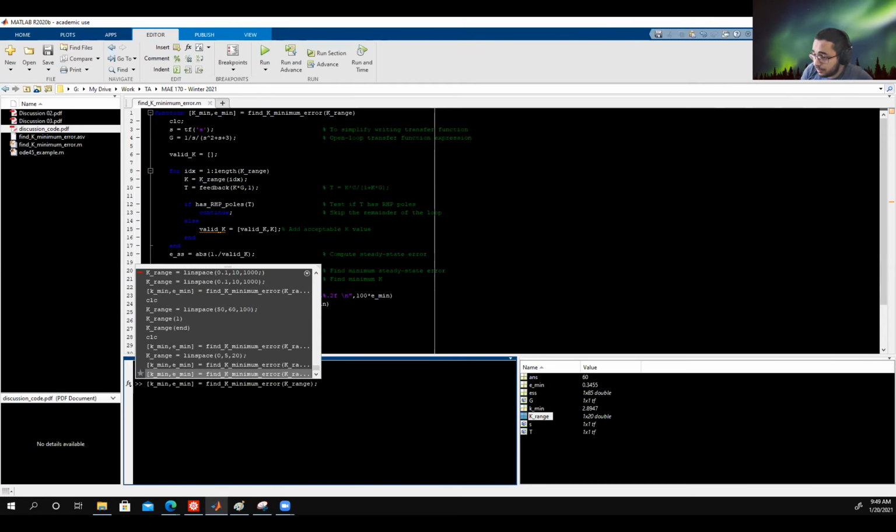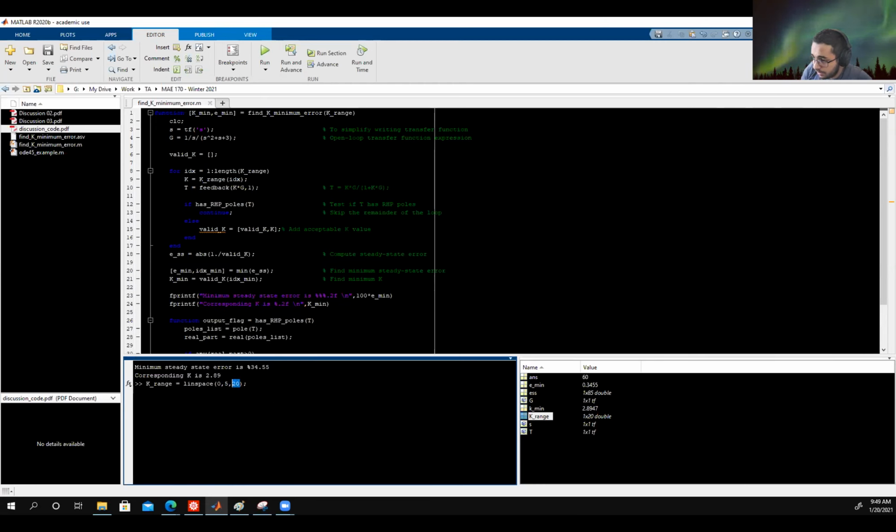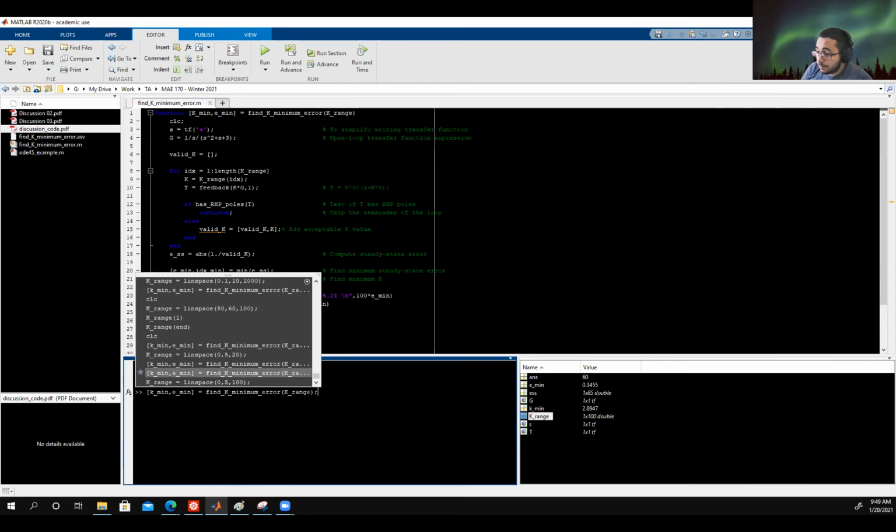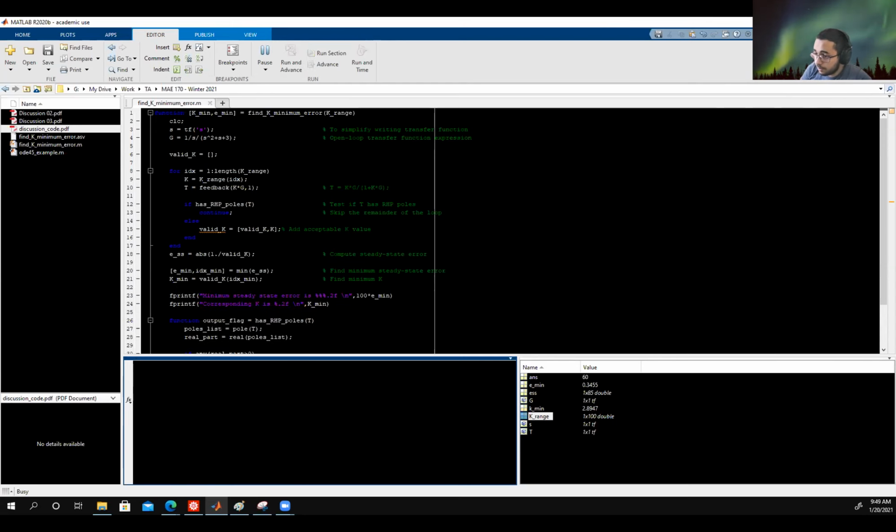Now, if we increase the number of elements in this array, let's say to 100, and run this loop again, we see that the minimum steady state error that can be achieved is now 33.5%, and k is 2.98, right?